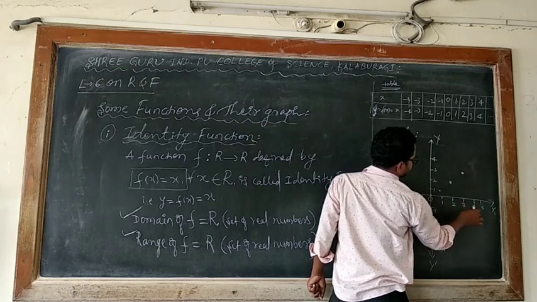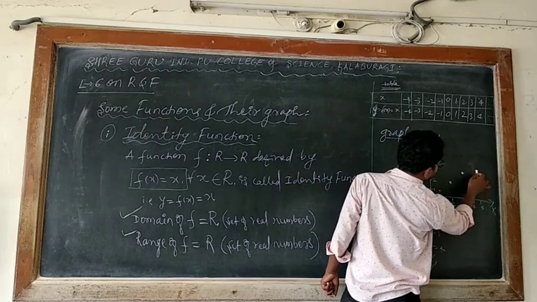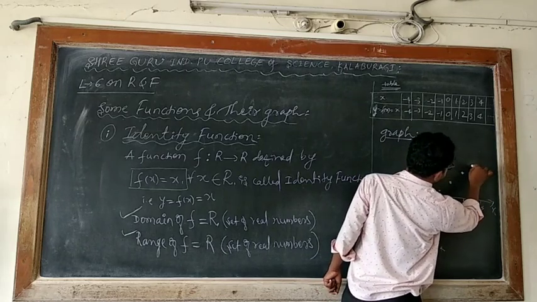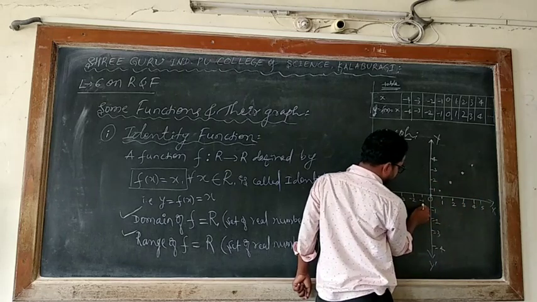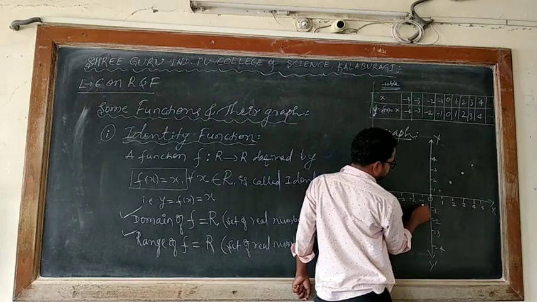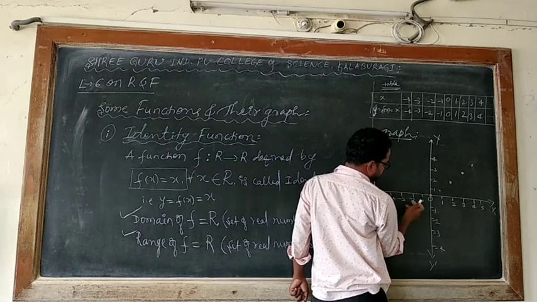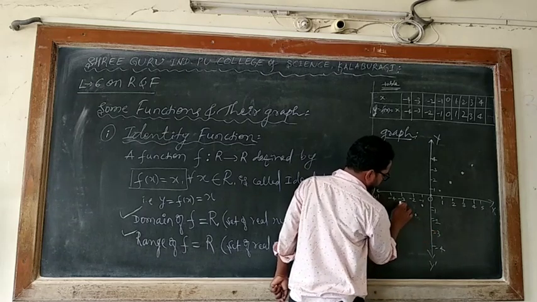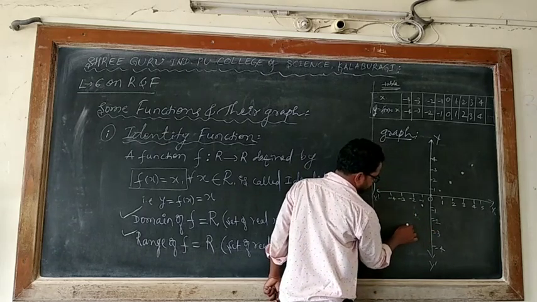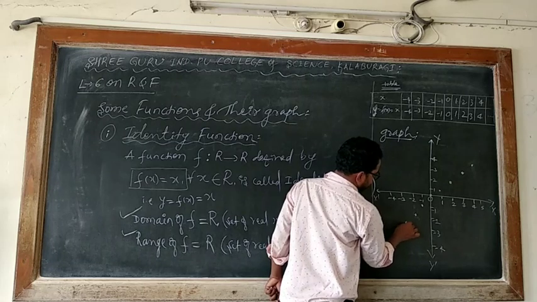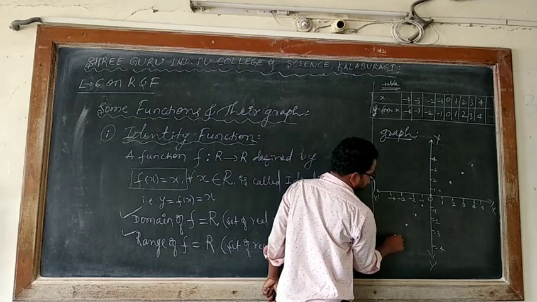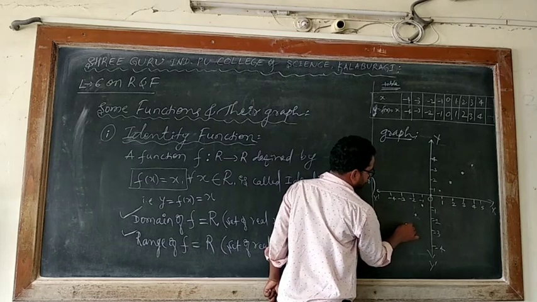X is 4, y is also 4, corresponding. Like x is -1, y is also -1. X is -2, y is also -2. X is -3, y is -3. X is -4, y is -4.